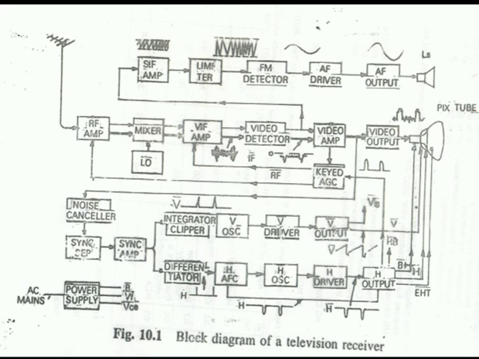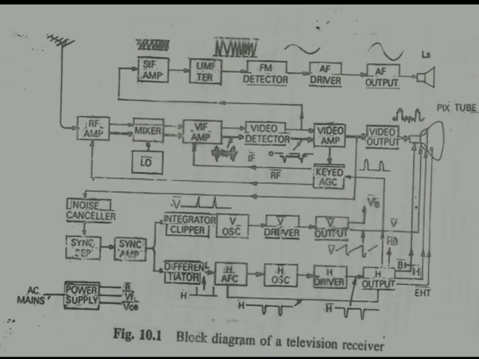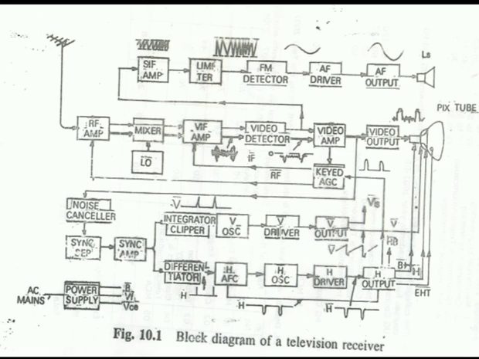Now let us see in detail. The first point in this television receiver we will see is the antenna. The main function of the antenna is to accept the electromagnetic waves that are coming from the television transmitter. The antenna receives these waves and converts them into the RF signal, which is given to the receiver.